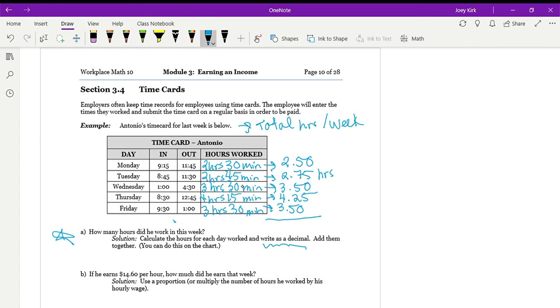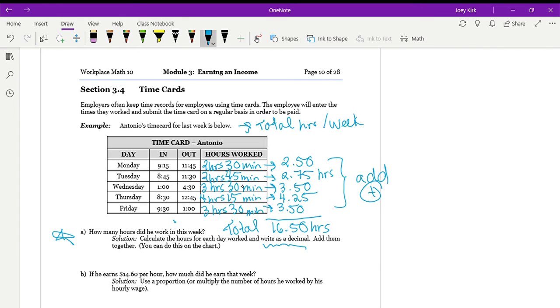So if we're going to find a total here, we're going to plug these into the calculator. We're going to add them up. Definitely use a calculator. You should come out with 16.5 hours. Okay? Or 16 hours and 30 minutes.